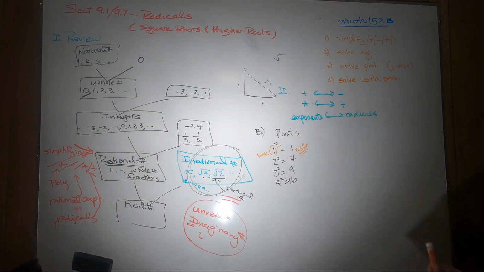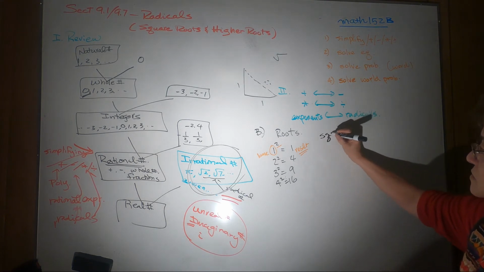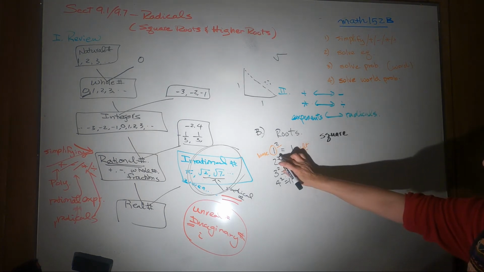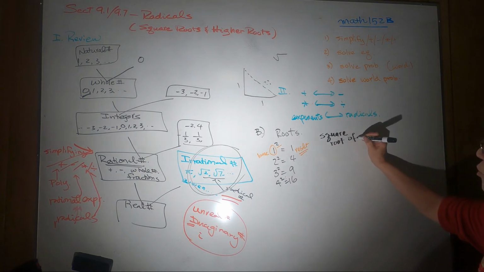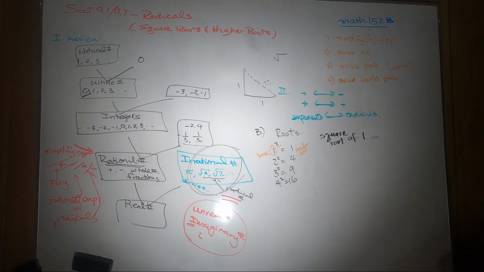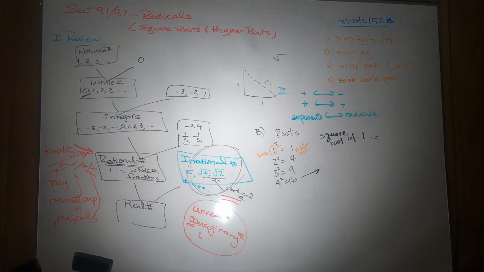So what if we ask you, what is the square root of 1? Because we take a square, right? That's what we want to find out, okay? So for instance, 4 squared is 16.